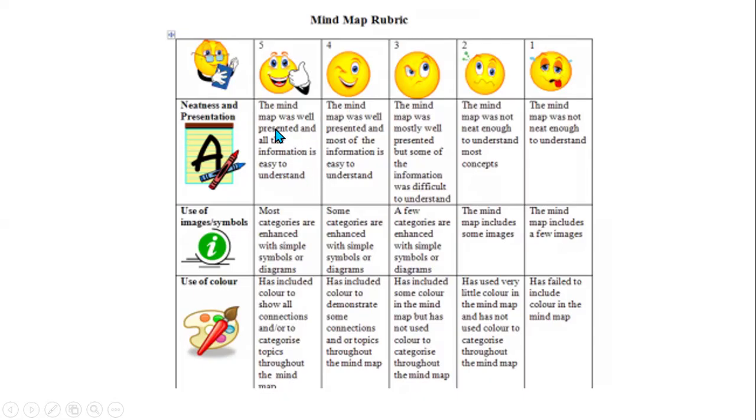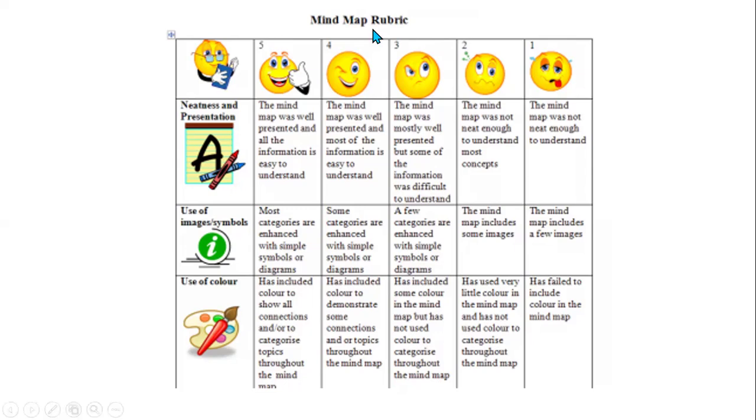The mind map, and we are going to repeat the same expressions, was well presented, and most of the information, not all the information, most of the information is easy to understand. We can repeat expressions, but you are going to add other adjectives in order to use less information or less adjectives, in order to show your students that they need to improve this ability.